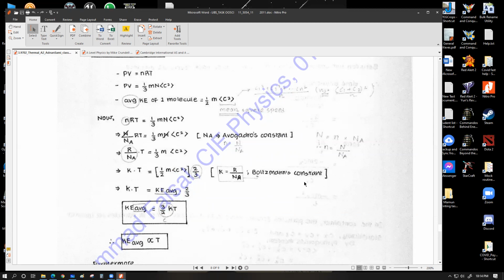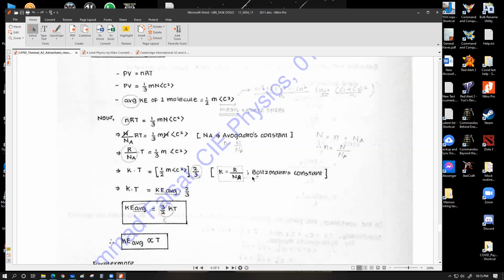Boltzmann constant is actually pretty interesting. Have a look. What was R? R was the molar gas constant. It was defined as joule per mole per Kelvin. So how much energy is required to increase one mole of gas's temperature by 1 Kelvin is the molar gas constant. Boltzmann constant is basically that number divided by Avogadro's constant.